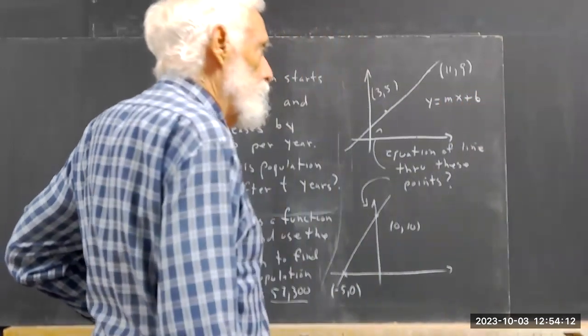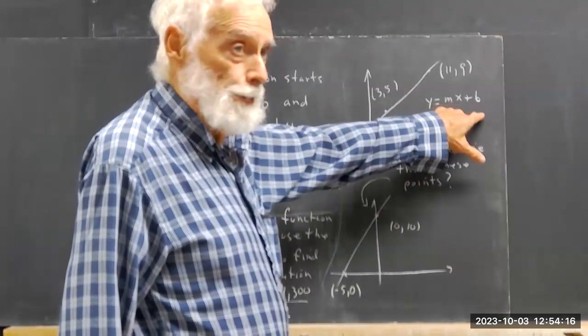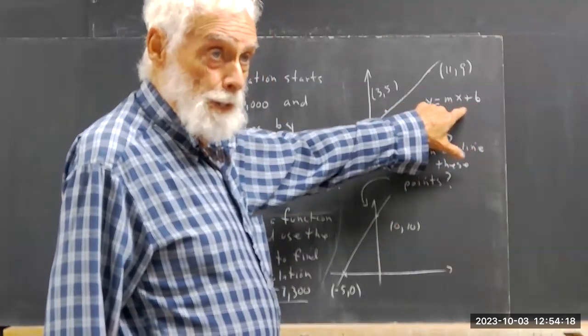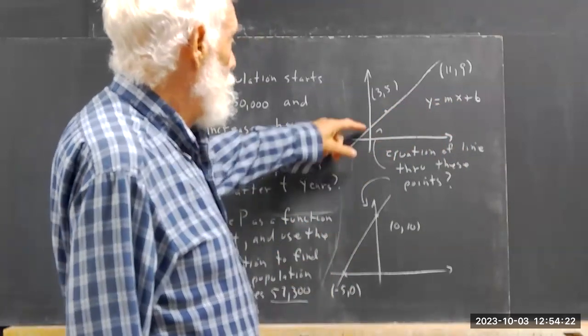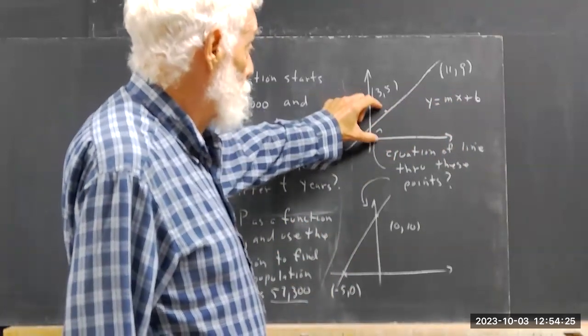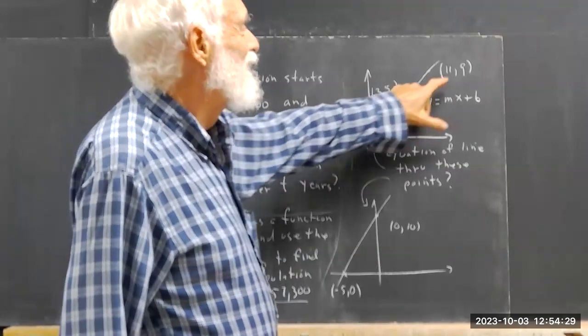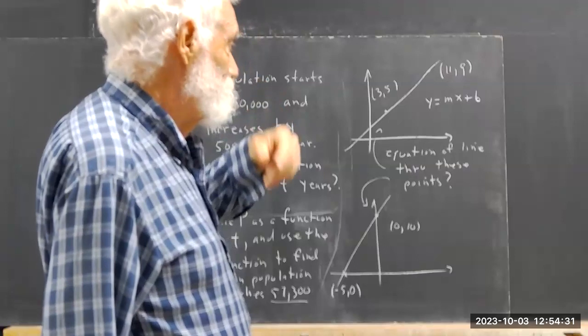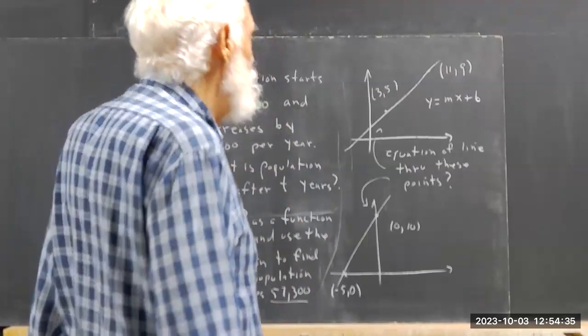The line has the equation y equals mx plus b, where m is the slope and b is the y-intercept. Now it looks like the y-intercept is about 1 here. If this is 3, that may be 1. Okay, but 11.9 really isn't plotted particularly well.